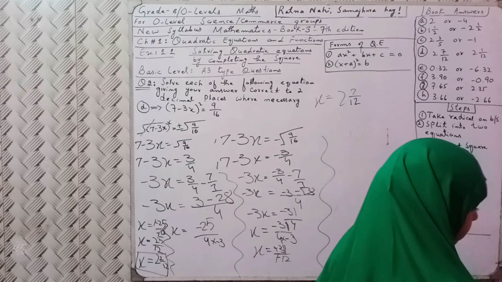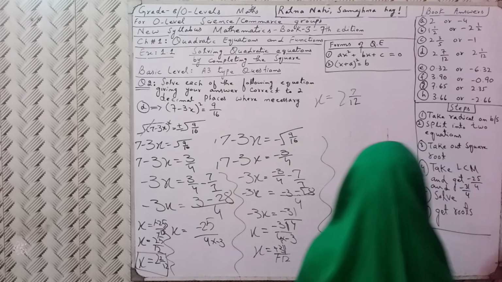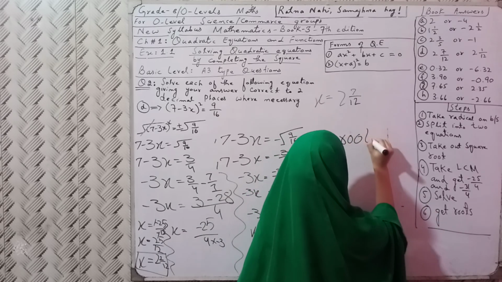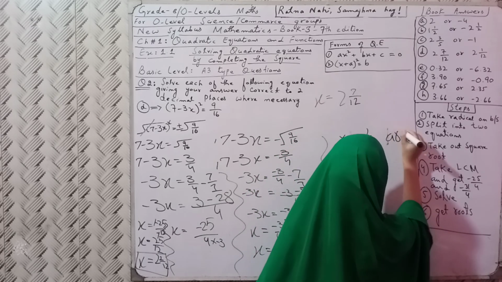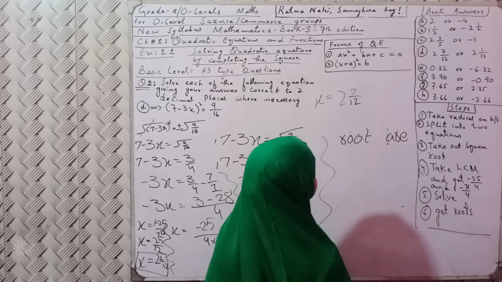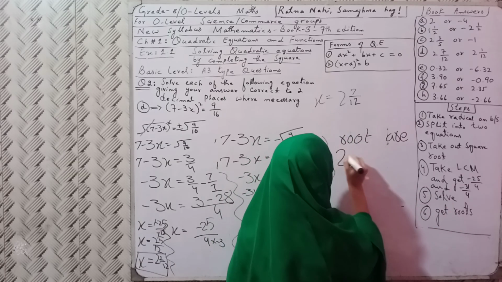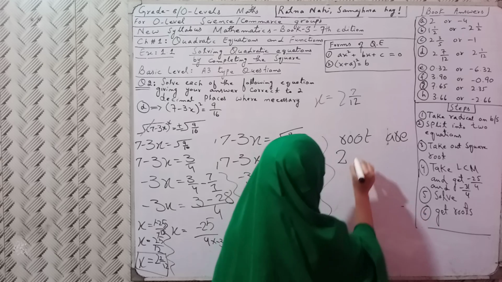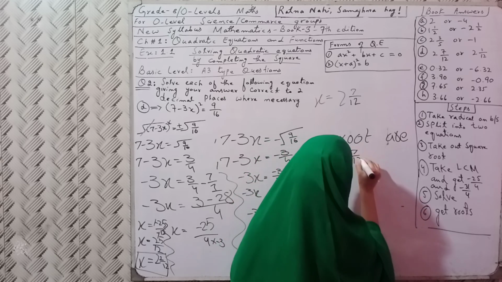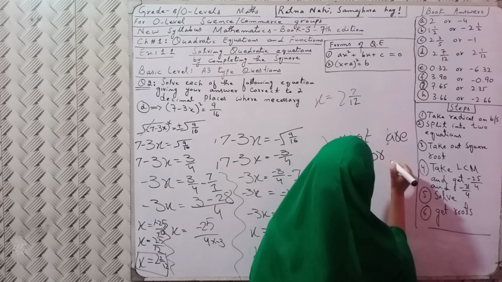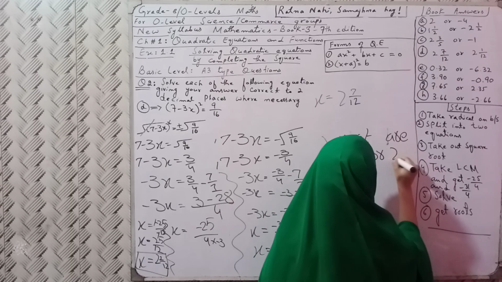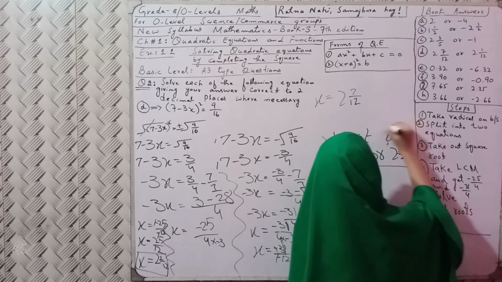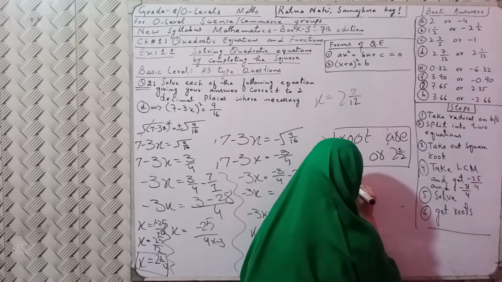So roots are 2 7 upon 12 or 2 1 upon 12, and this becomes our answer.